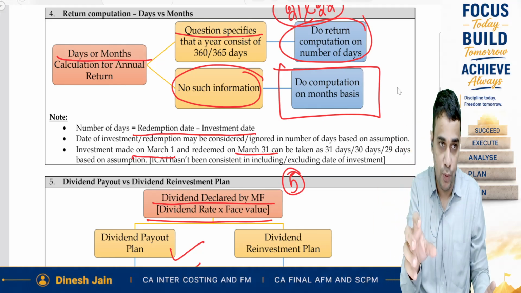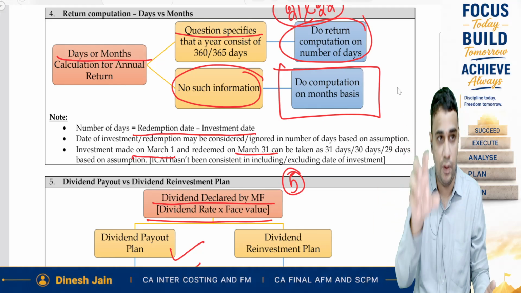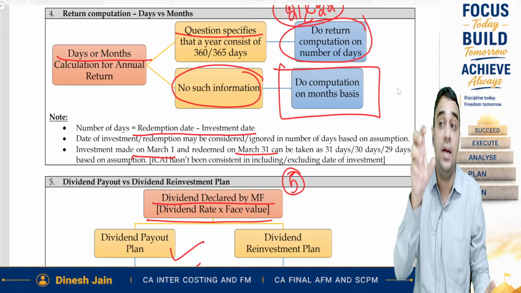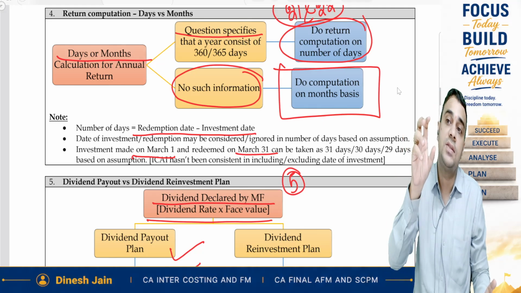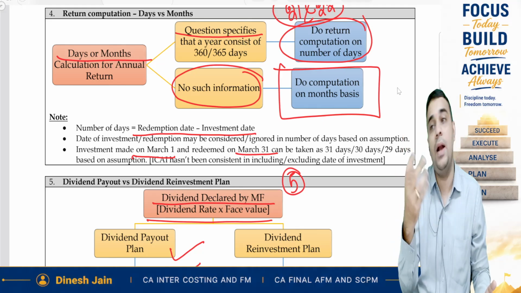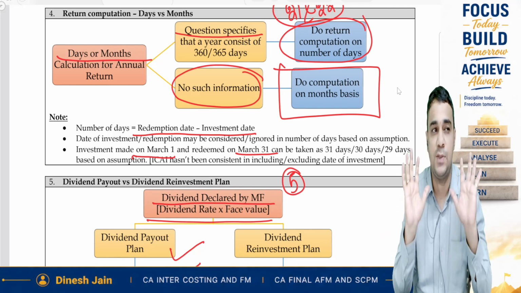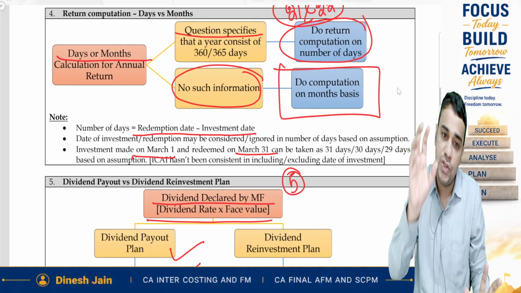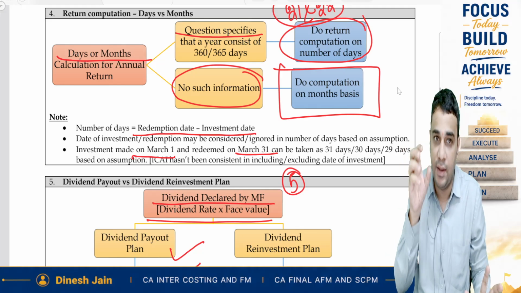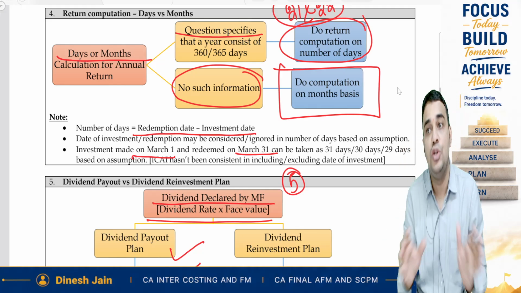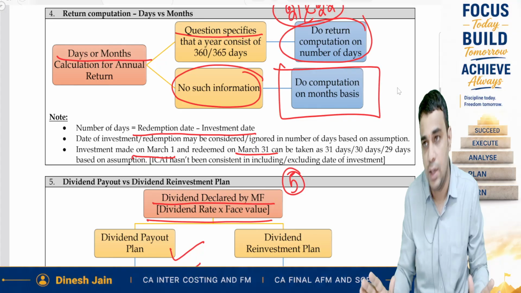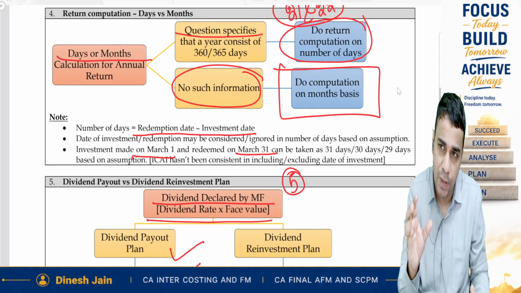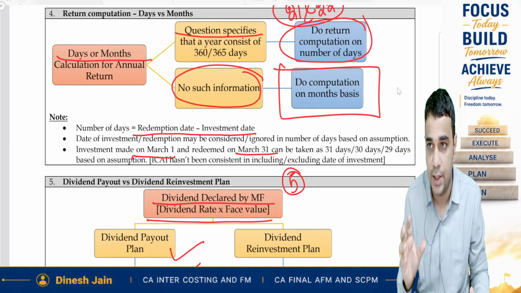Multiply the opening units into the dividend rate into the face value, or dividend yield into the NAV, or dividend payout multiplied with earnings per share. Earnings per share is very rare. Once you get the dividend number, divide by reinvestment NAV, you get units allotted and get the closing units. In a bonus plan, again we do a similar calculation.